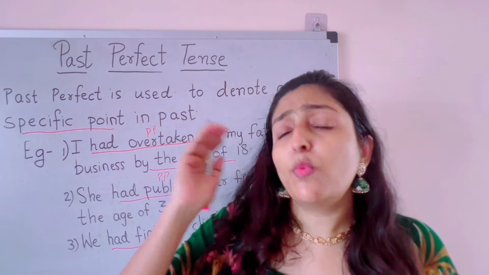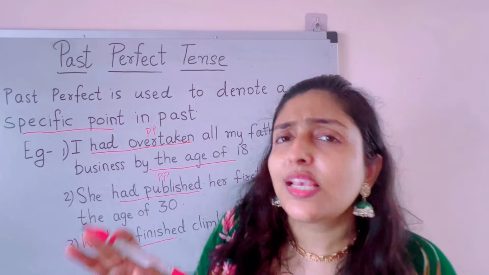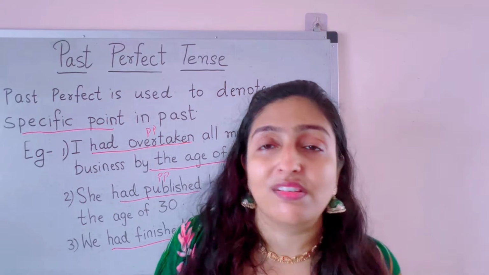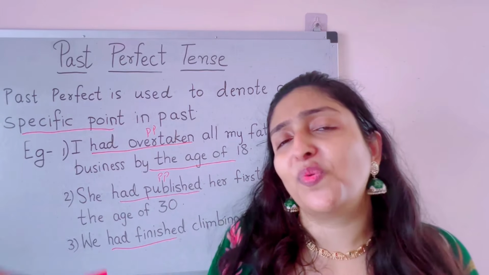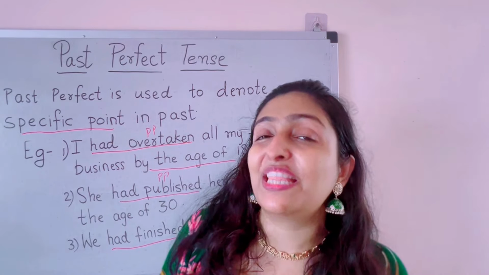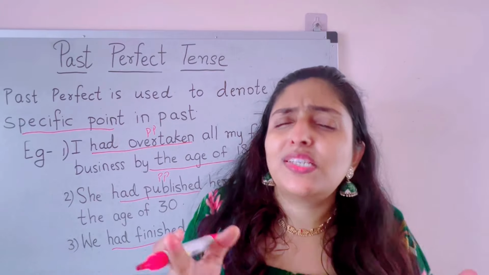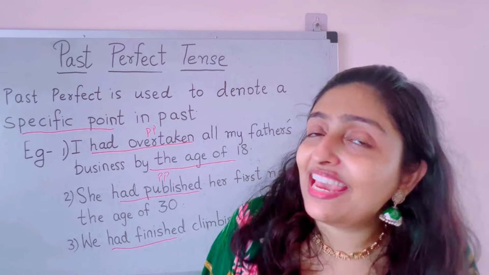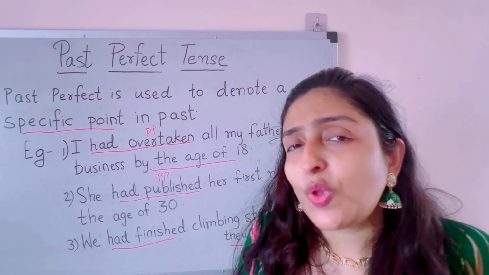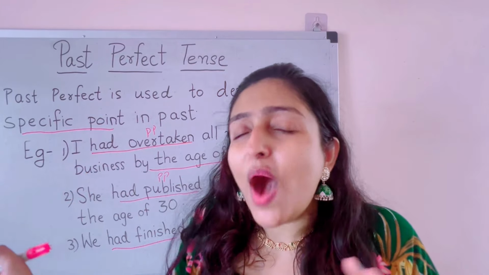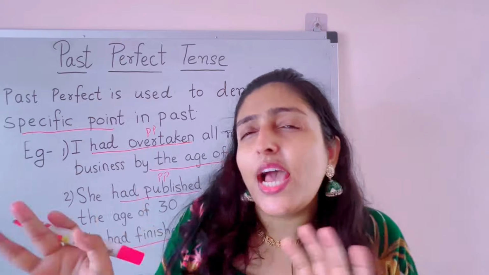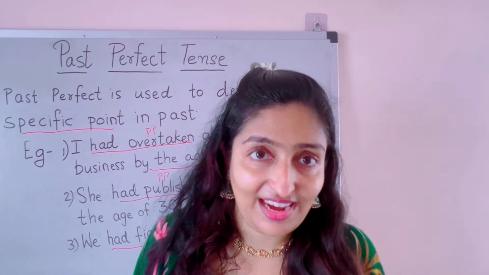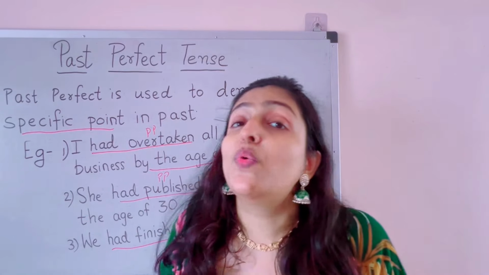Going back to example 1 of rule 1, he had worked in TCS before he shifted to Infosys. That sentence also shows a specific point of time in the past, and that is until the time he shifted to Infosys, he had been working in TCS. So more or less rule 1 and rule 2 are overlapping, somewhat linked or connected, and they both are equally important.